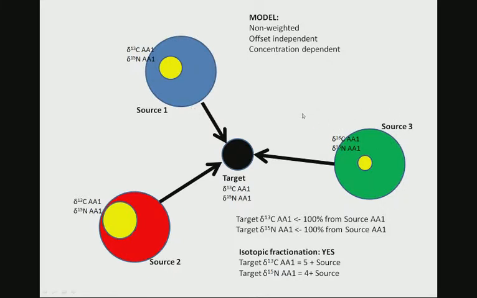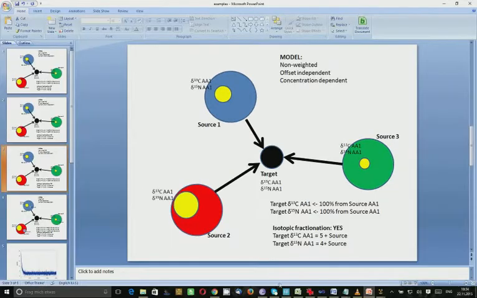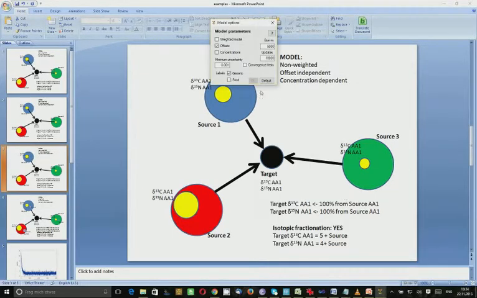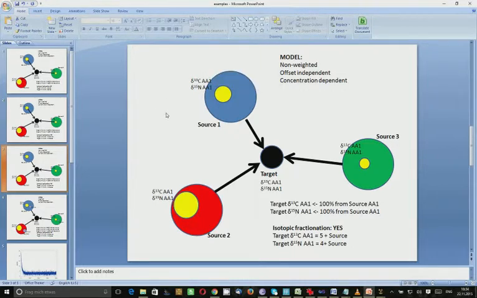But the sources had different amounts of amino acids. And so you have to use a concentration dependent model. And in Fruits this is done by selecting concentrations here. So let's move forward to the next slide.